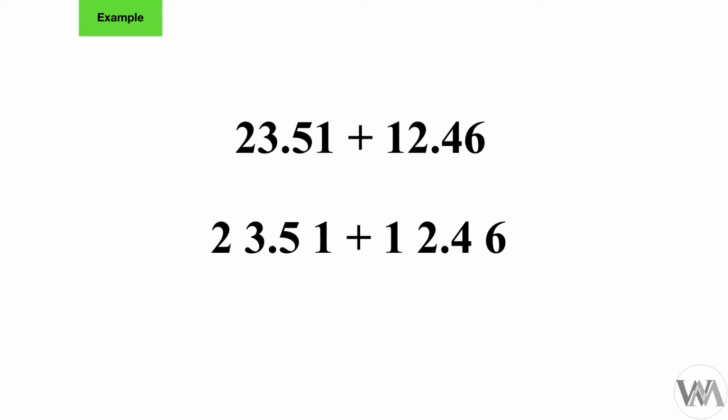Breaking these numbers up into their place values, we're going to see the following. We have ones and tens, and then on the decimal side we have tenths and hundredths. And the same for the second number, ones and tens, tenths and hundredths on the decimal sides.